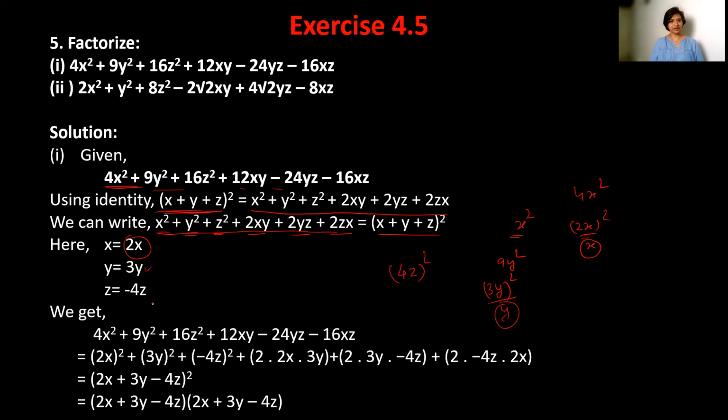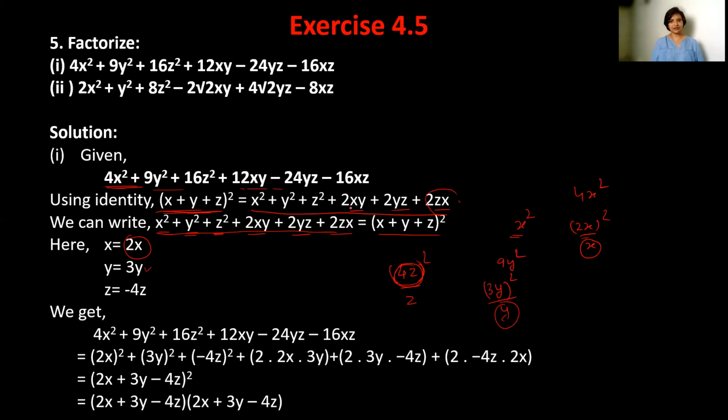But we have written here minus 4z, and how will we know whether it will come as minus or plus? That we will see from the rest of the terms. Suppose 4z is z. But how will you decide whether it will be minus? For that, we have to check these terms: xy, yz and zx.